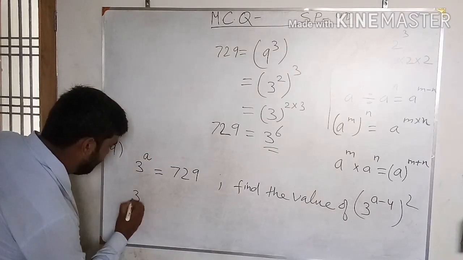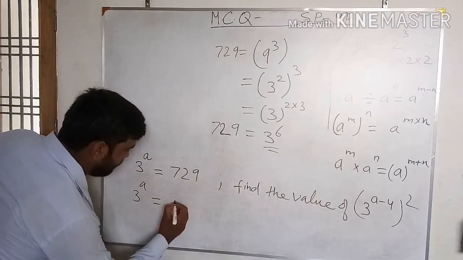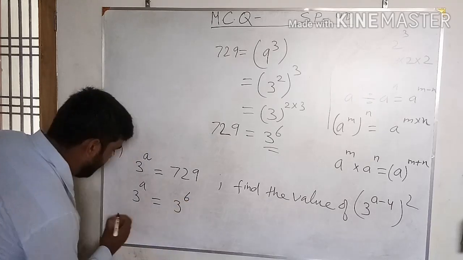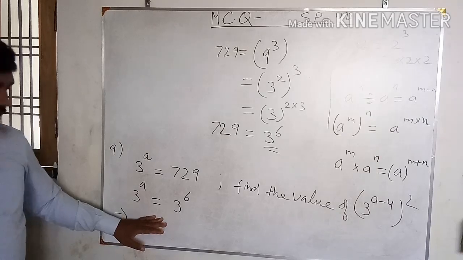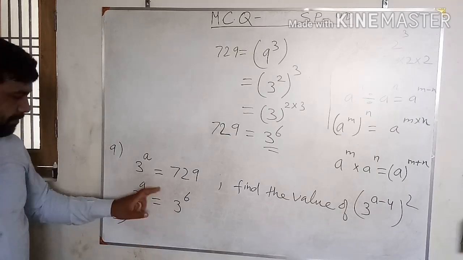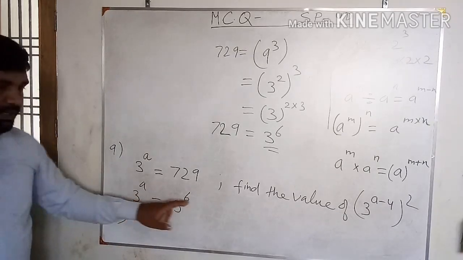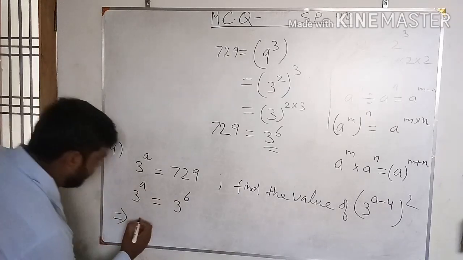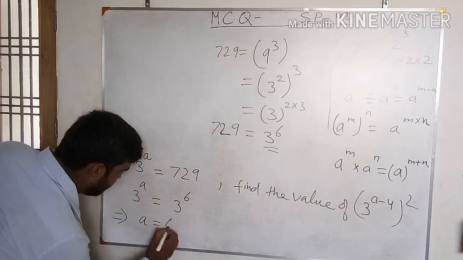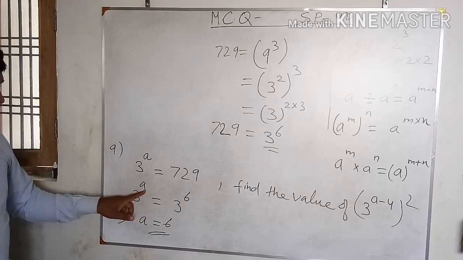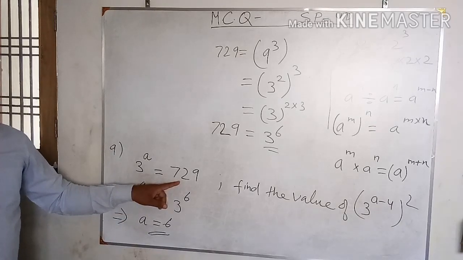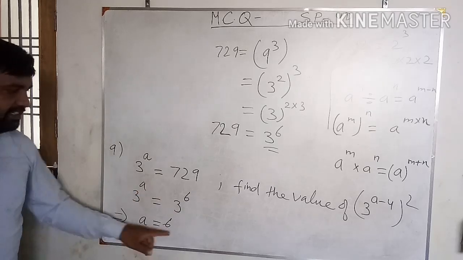See what we write: 3 to the power a is equal to 3 to the power 6. Now this is an exponential equation, both bases are the same, so the powers must be the same. So left hand side power should equal right hand side power, which implies that a equals 6. When the power of 3 is 6, only then its value will be 729.